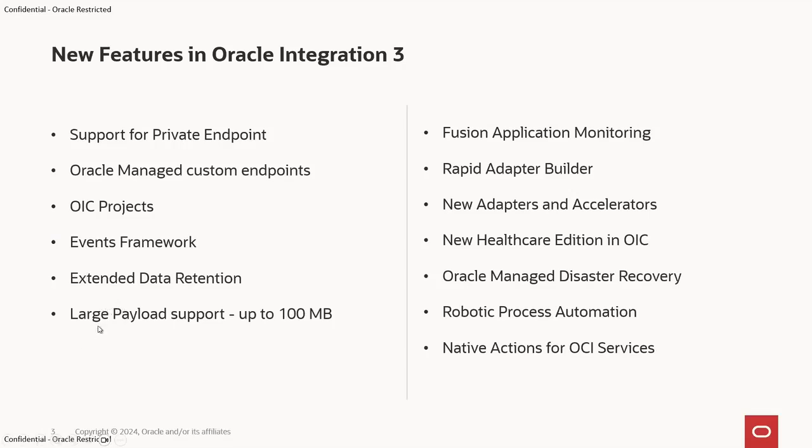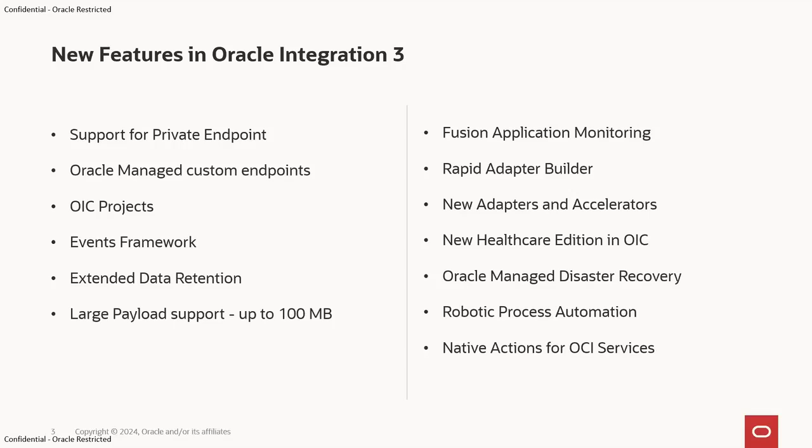And we also have robotic process automation. It's a new automation technology available within Oracle Integration Enterprise Edition. Just as an integration performs API-based automation, robots can also perform UI-based automation.